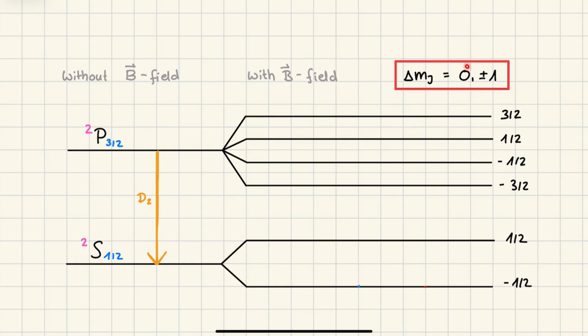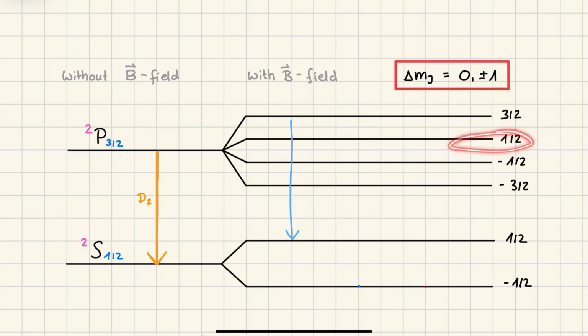A change in Mj of 0 isn't possible because we don't have Mj equals 3/2 down here. A change of plus 1 isn't possible either, because in that case we would need 5/2 down here, which is not the case. So the only allowed transition from this highest state right here is the transition from 3/2 to 1/2, which represents a change in Mj of minus 1.